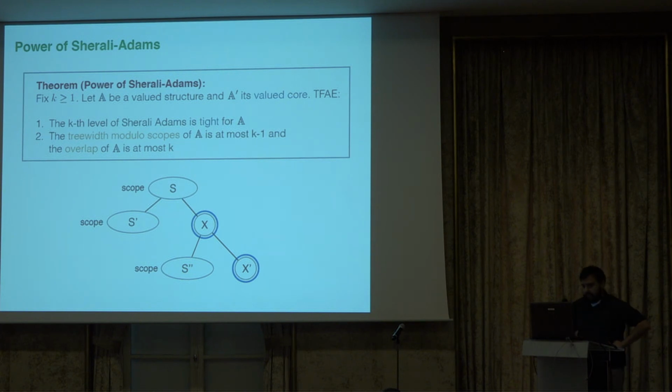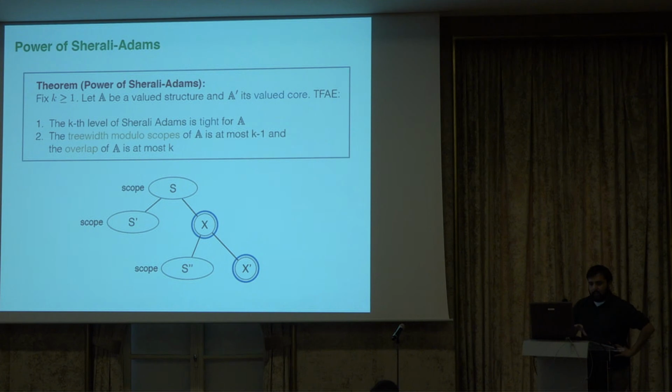So let me explain this a bit. In the tree width modulo scope, we look at tree decompositions, but now we can have some bags that are very large, but if they are scopes, we just ignore these bags, right? So in the definition, we just look at tree decompositions, and we measure the width just of all the bags that are not scopes, okay? So this measure is going to be smaller than tree width, right?